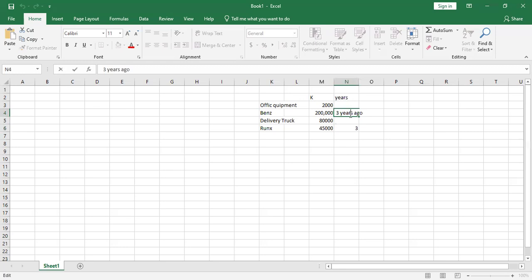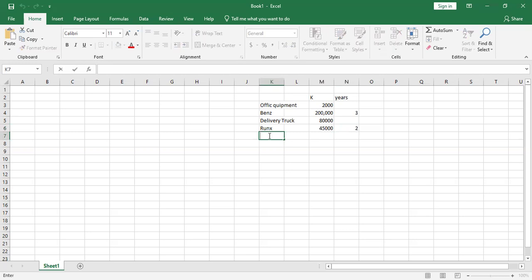Equipment at 10,000. But I think the Ranex is 2 years ago. Yes, 2 years ago.